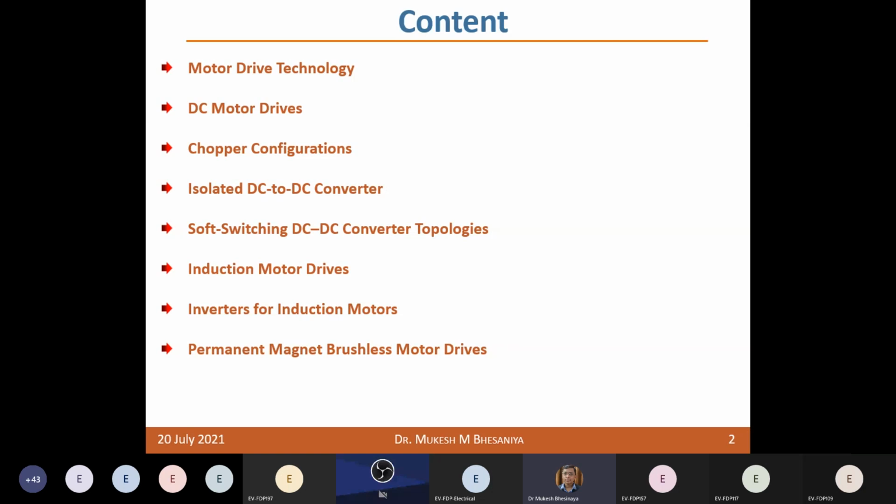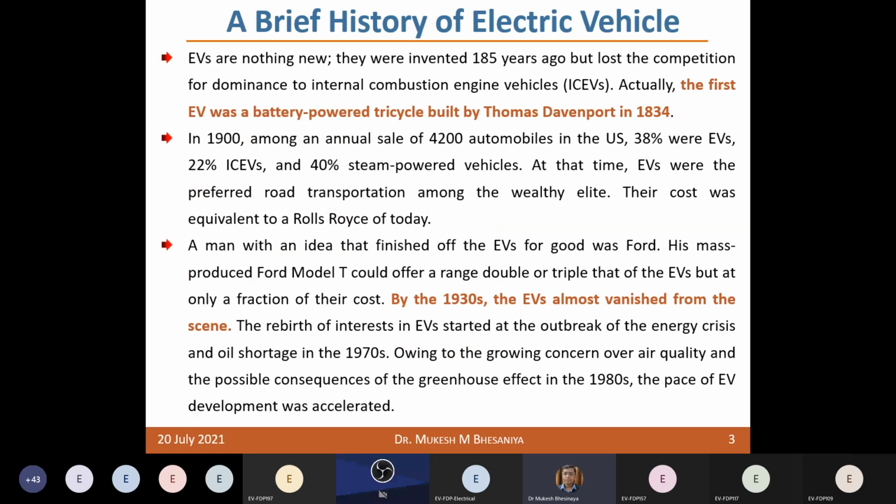Right. Just before we go into the detail, a brief history of the EV. As you all know, EVs are not new. If we go into the history, they were invented 185 years ago, but they lost the competition for dominance to IC engines, which are presently widely used in all vehicles.